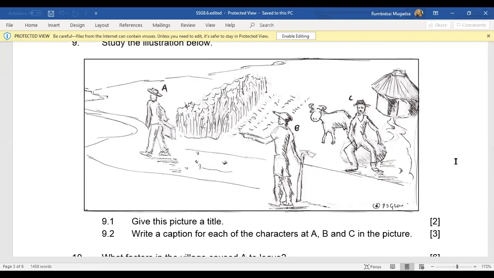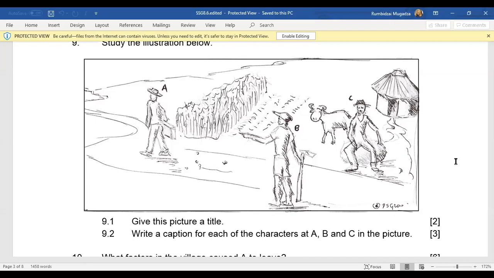When you look at that picture, what comes to your mind? Farming, from Musa, okay. Others, what do you say? Farmers farming in a rural settlement, from Lisedi. Natalie, I would say industrial revolution.